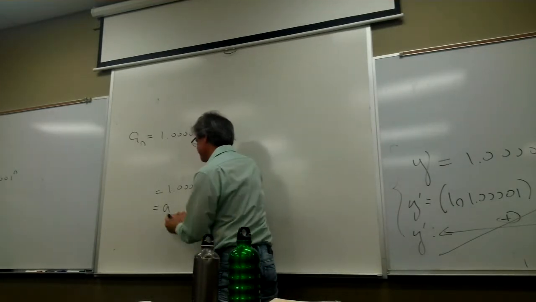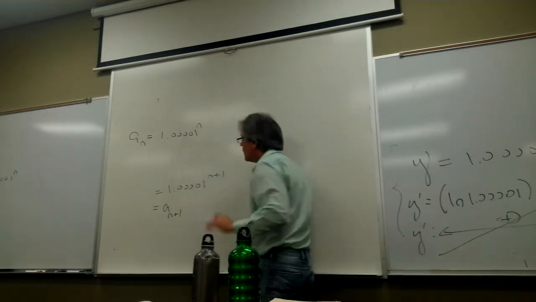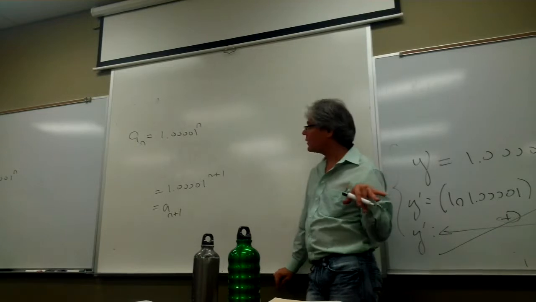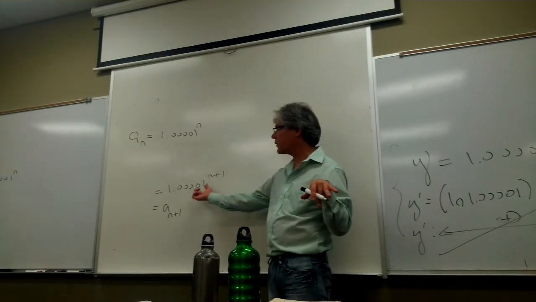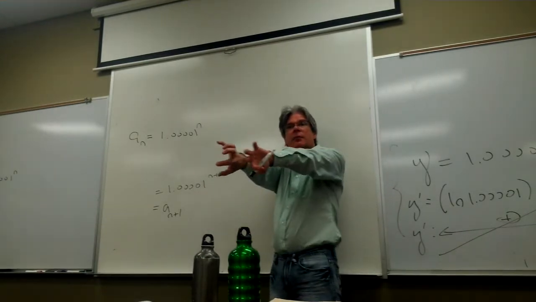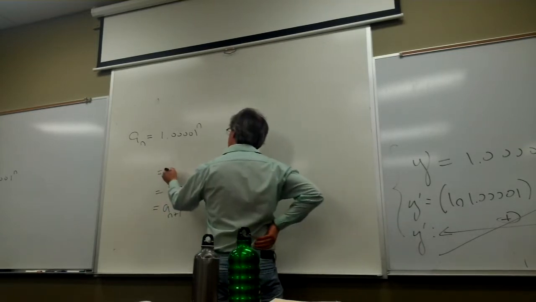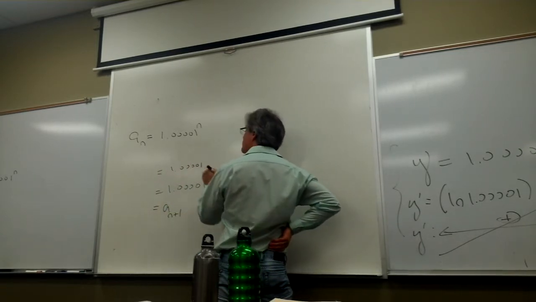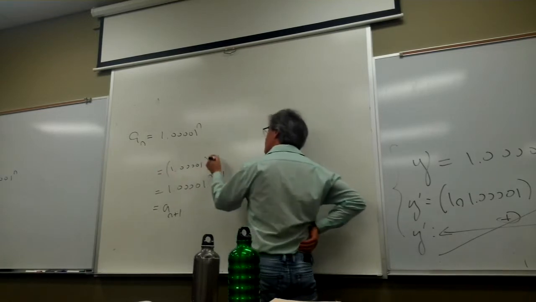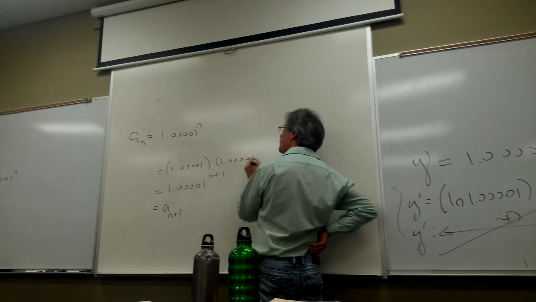That's an n plus 1. All right. But you guys use my math D skills. When it comes to the sum of 2 exponents with the same base, can't I pry that apart? Yeah. Is this nothing more than 1.00001 times 1.00001 raised to the power?